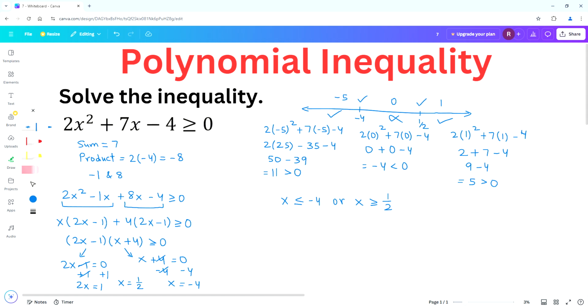We can write the solution in interval notation as shown. This should be the final answer for this problem.